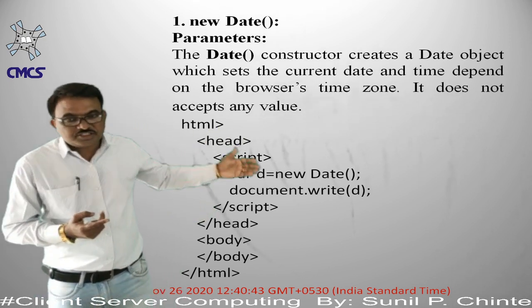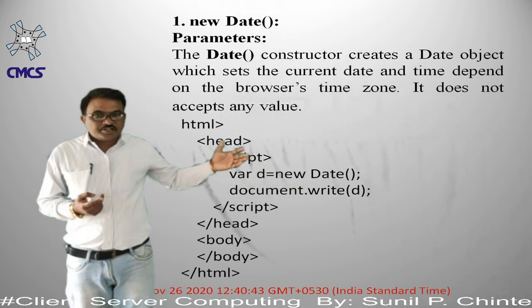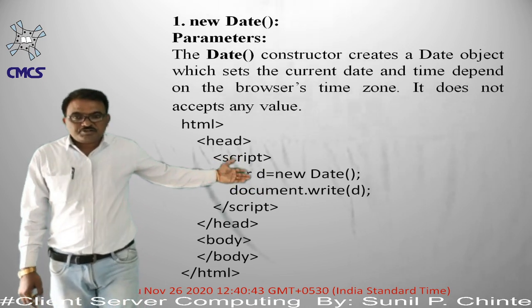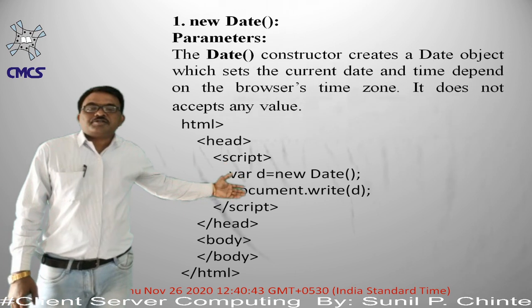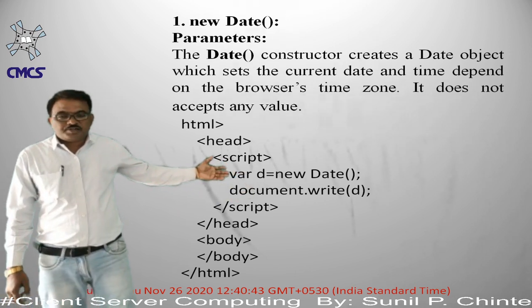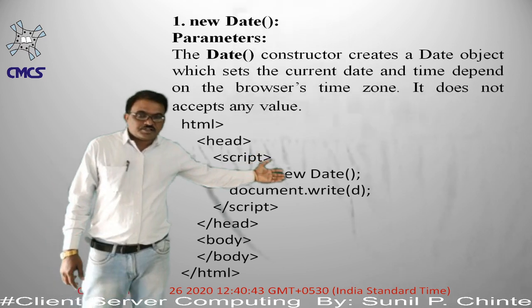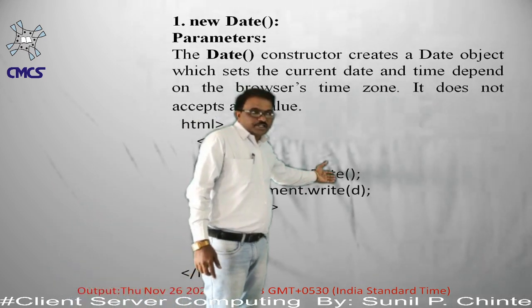So this is the syntax through which we can understand how we can create the object of the date. Here you can find in the script tag, I have defined one variable d equals new Date constructor. This constructor doesn't have any parameters.